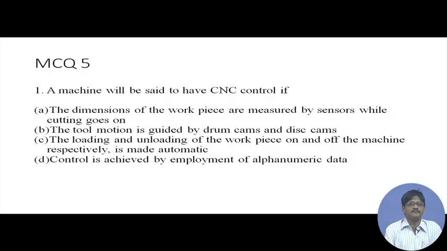So, not even C. Last of all, D, control is achieved by employment of alphanumeric data. This fits the bill, because alphanumeric data in the definition of CNC you will find in some way we are removing physical devices and bringing in instructions in the form of codes or letters or numbers or signals.